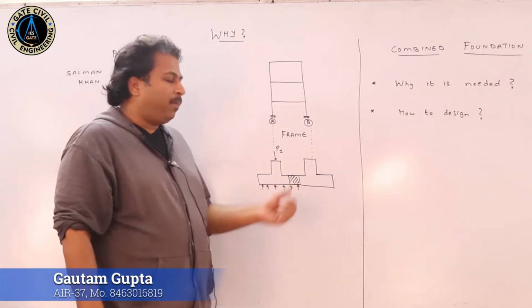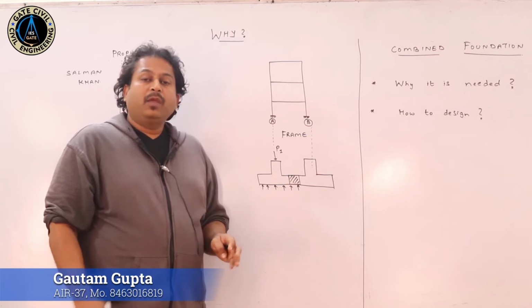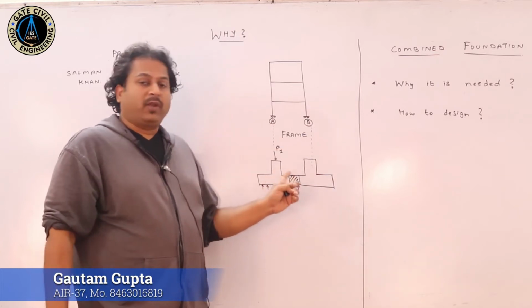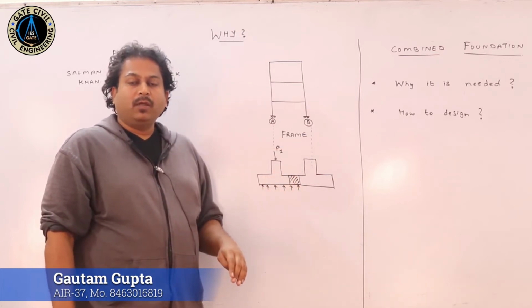So, if they are overlapping, then instead of providing an isolated footing, it is always better to combine both of them.